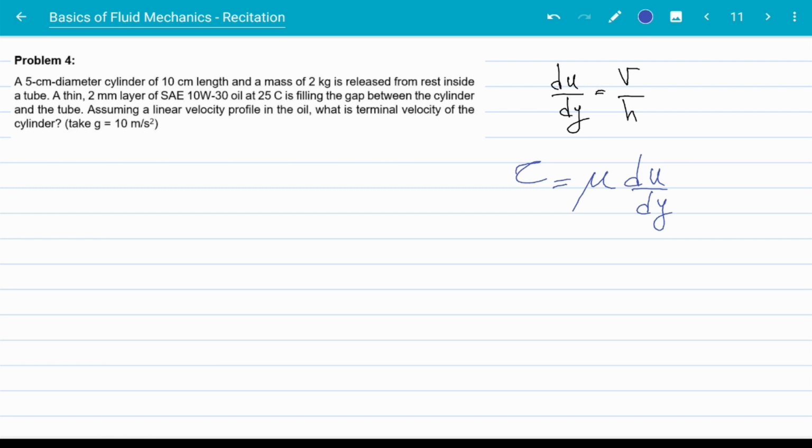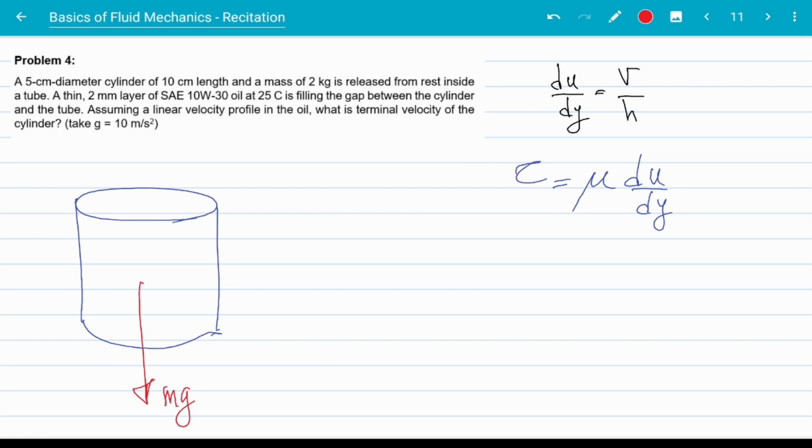We are really interested to find the actual force or shear force that is applied onto this cylinder. Because remember, a terminal velocity is referred to the velocity of the object when the forces are in equilibrium. And let's take a look at the cylinder again. Now let's say this is the free body diagram of our cylinder. So what are the forces acting on it? I have the gravity in the form of weight, mg, dragging this down.